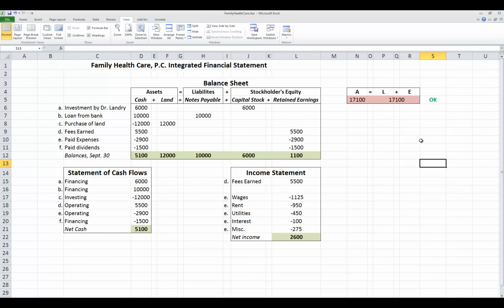I just wanted you to see how inserting transactions into the integrated financial statement affects other things within it, because it's all tied together. And really, as we go into more advanced topics in accounting, it's all going to come back to this.